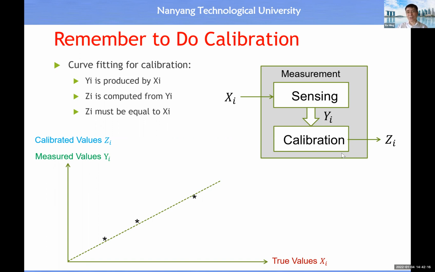By doing calibration, we will be able to produce an output value zi, so that zi is exactly equal to xi. So the relationship between xi and zi will follow this straight line, okay, which is 45 degrees above the horizontal line, right? So calibration is very important, okay? Just remember to do calibration, all right?